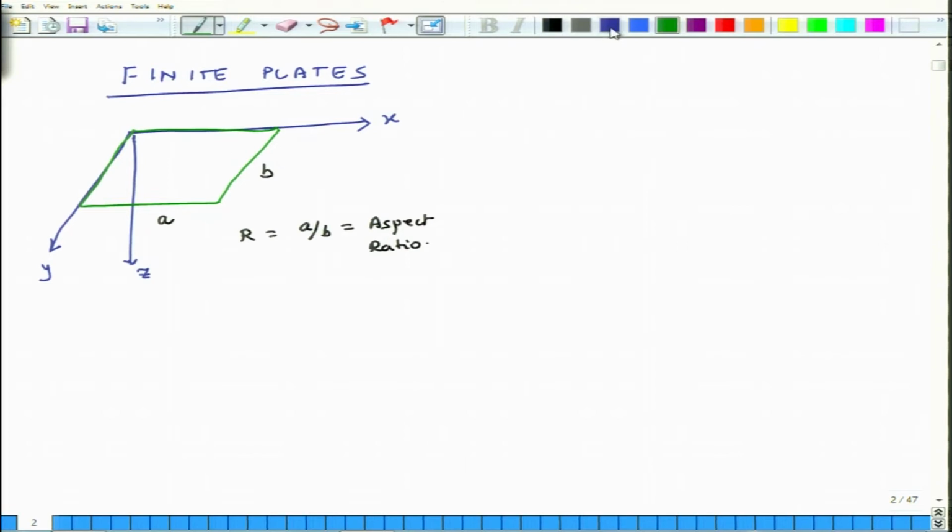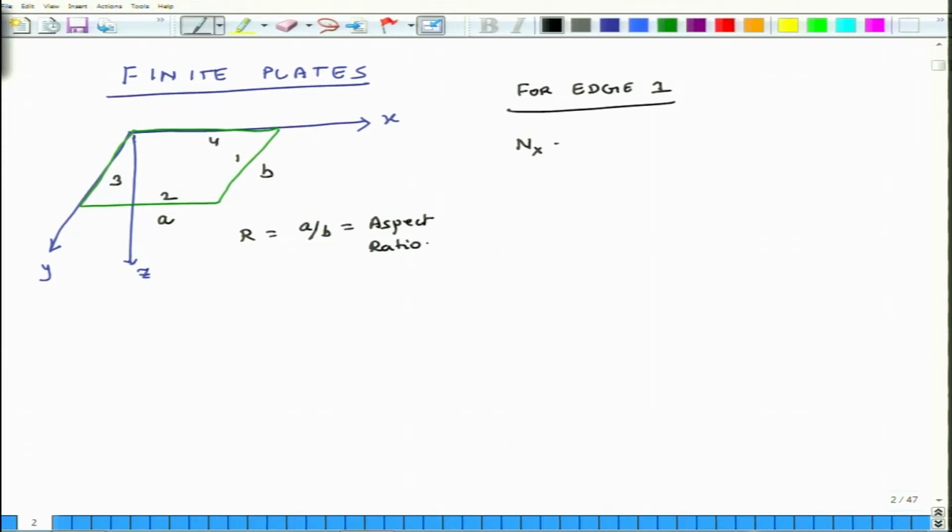Let us call these edges 1, 2, 3 and 4, and we will just talk about boundary conditions on edge 1, and similar boundary conditions apply on edge 2. So, for edge 1, this is a recap of earlier material.